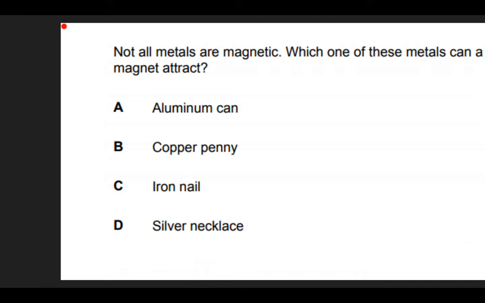Which of these metals can a magnet attract? A, aluminum can. B, copper penny. C, iron nail. D, silver necklace. Pause to annotate and answer this question now.